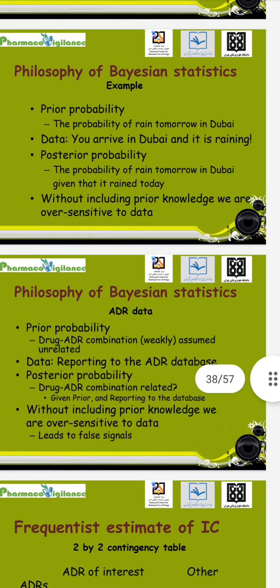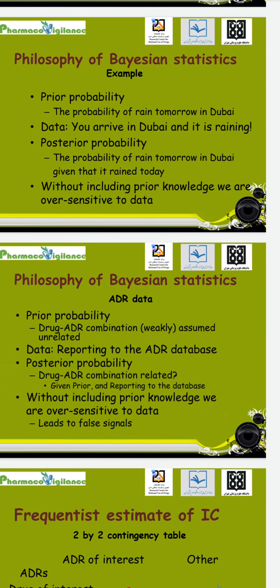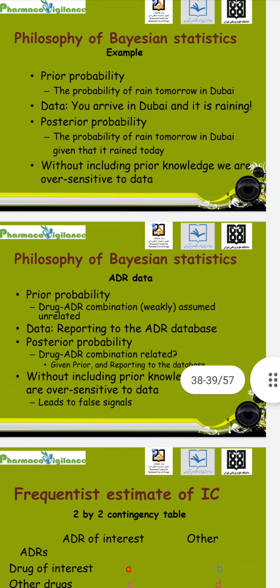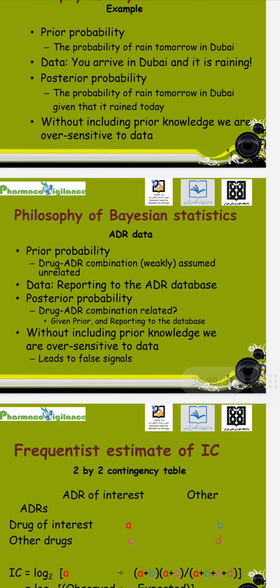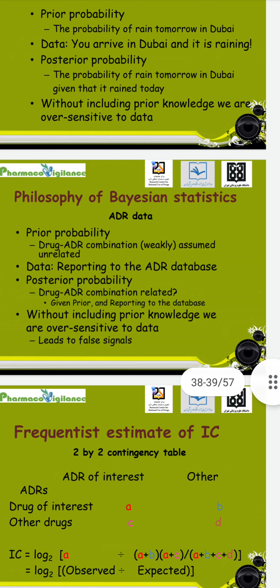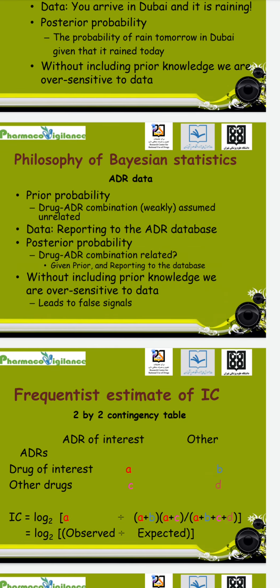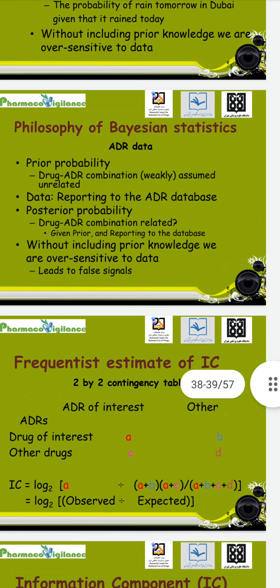Philosophy of Bayesian statistics with ADR data. Prior probability: for a drug-ADR combination, we weakly assume they are unrelated. Data: reporting to the ADR database. Posterior probability: the drug-ADR combination is related, given the prior and the reporting to the database.